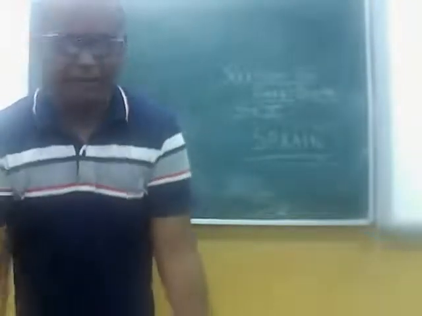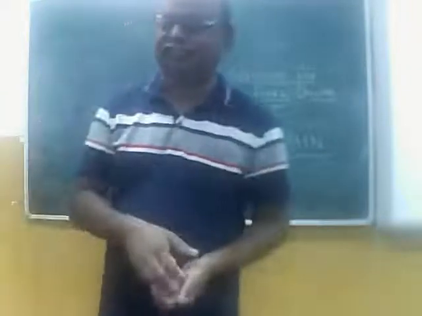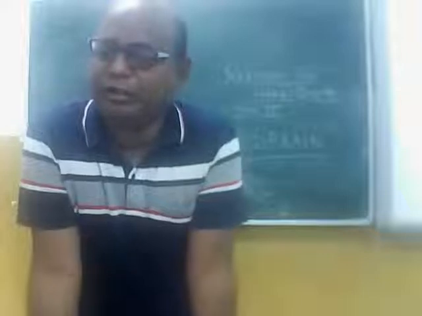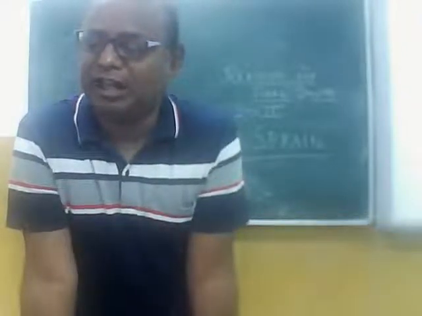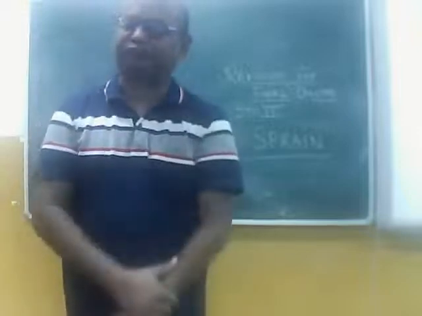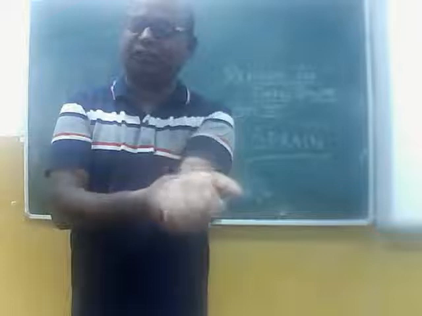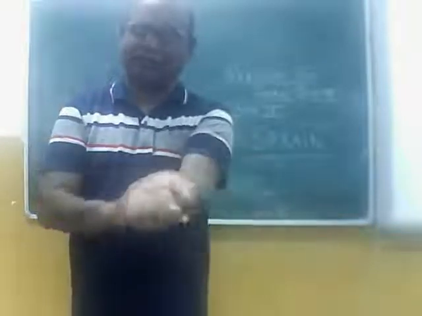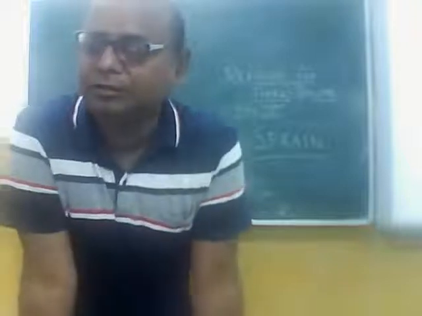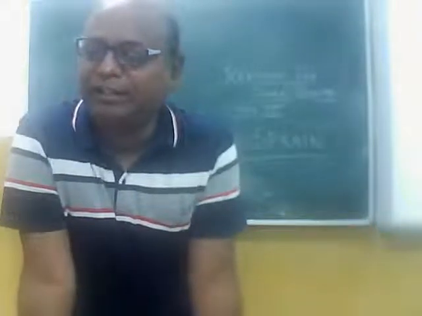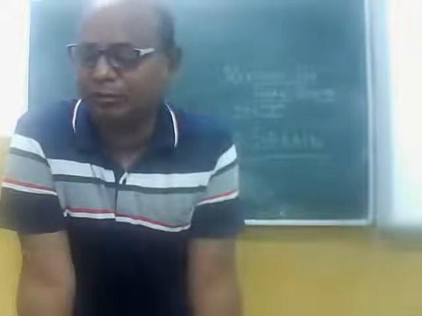Okay, it is sprain. You know that in our body there are 206 bones. One bone is joined to another bone by ligament, and bone is joined to the muscles by tendon.